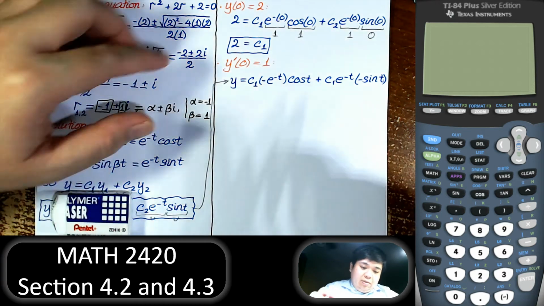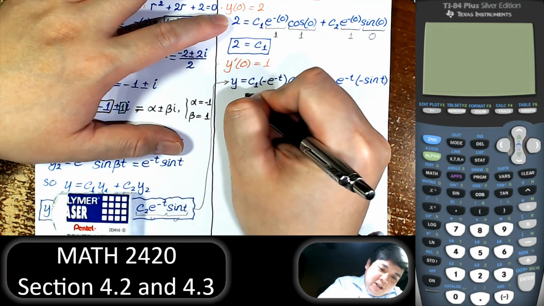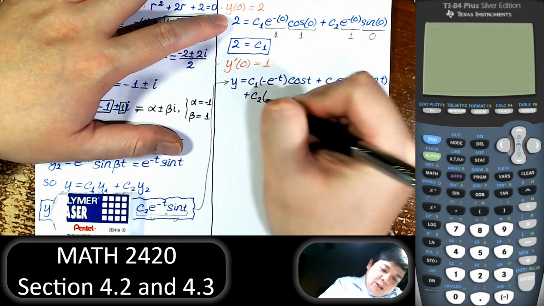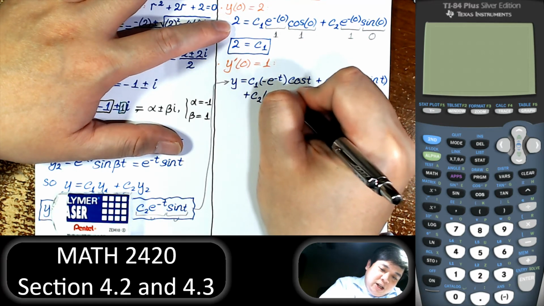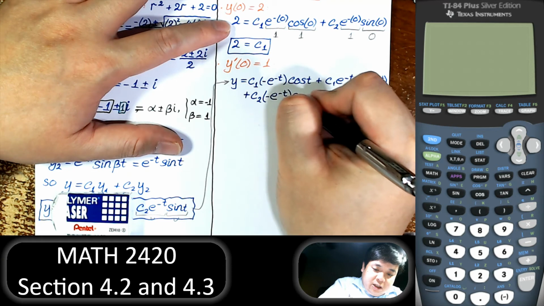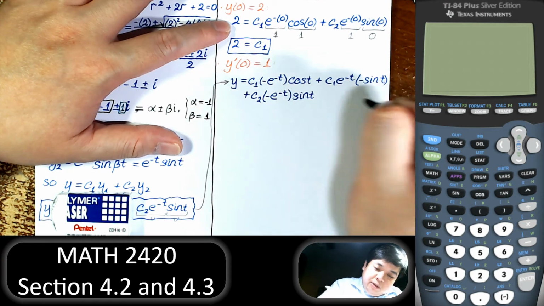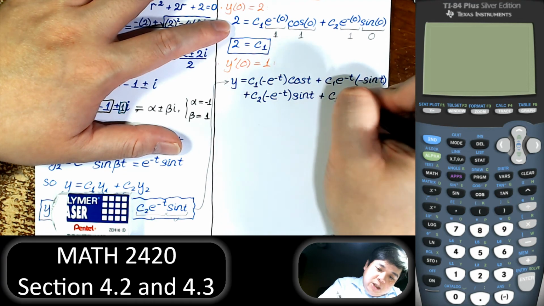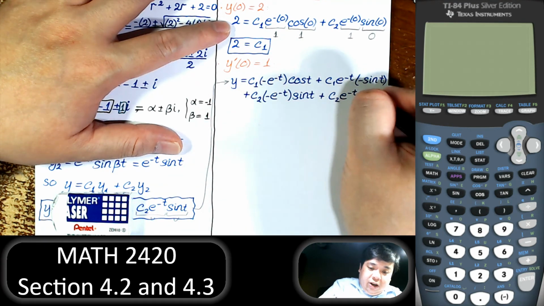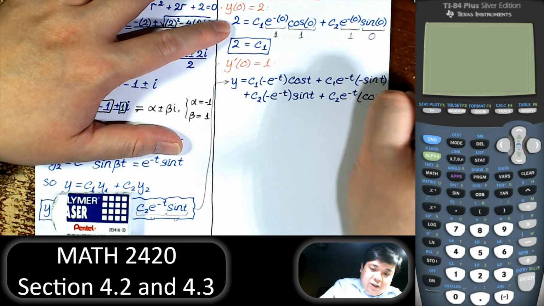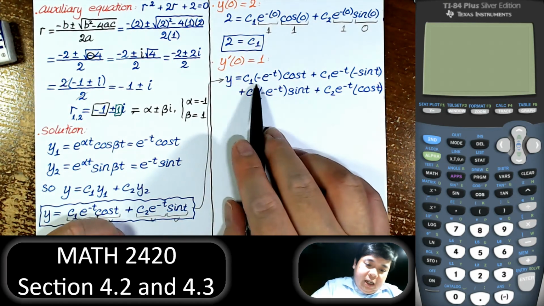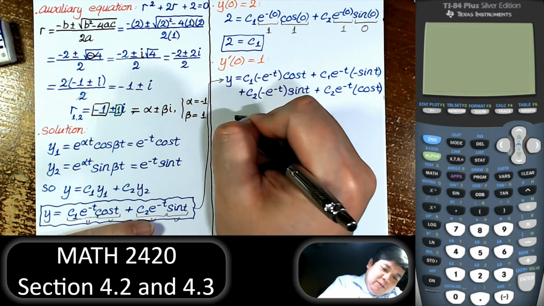For the second term, c2 negative e to negative t sine t plus c2 e to negative t, derivative of sine is cosine. Right, simplify this a little bit.